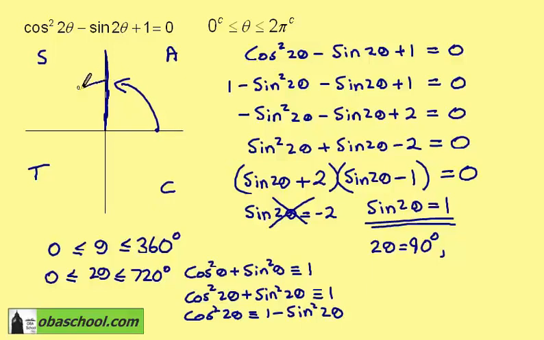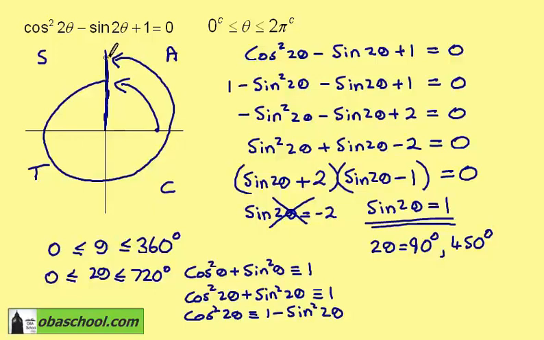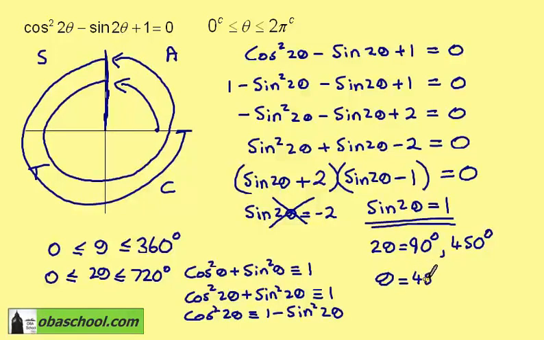And we go around through 360 and up to 90 more, which is 450 degrees. If we continue around, we don't get any more solutions before 720. Therefore theta is 45 degrees or 225 degrees.